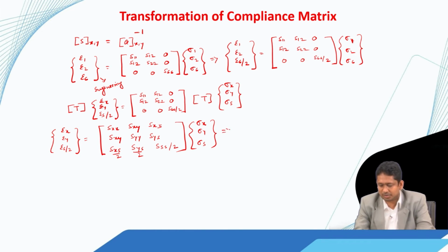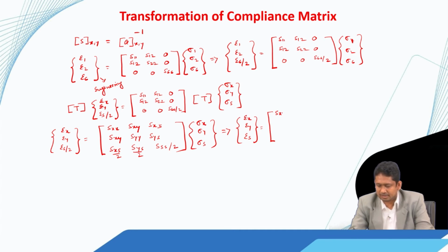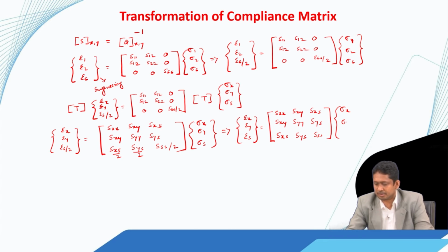Now, if we want to go to the engineering system, we have epsilon x, epsilon y, epsilon s, and accordingly the S matrix will look like this: Sxx, Sxy, Sxs, and then we have Sxy, Syy, Sys, and then we have Sxs, Sys, and Sss, and this is multiplied with sigma x, sigma y, and sigma s.